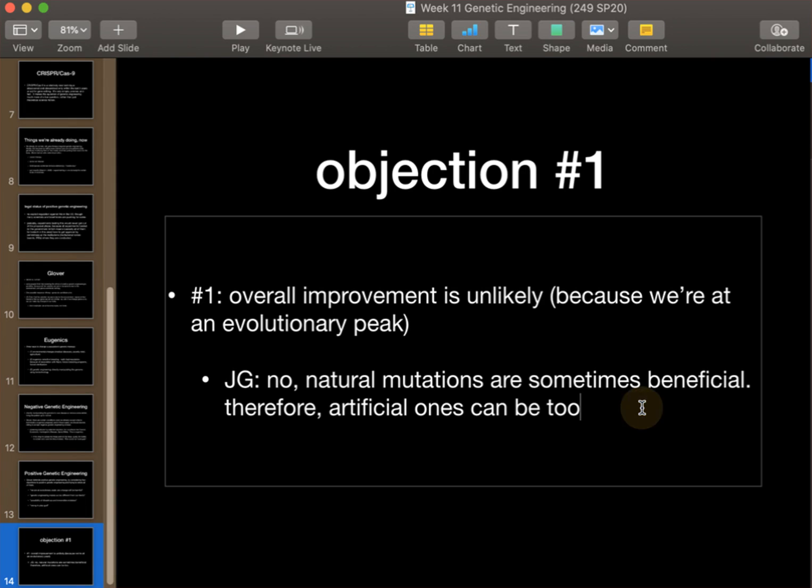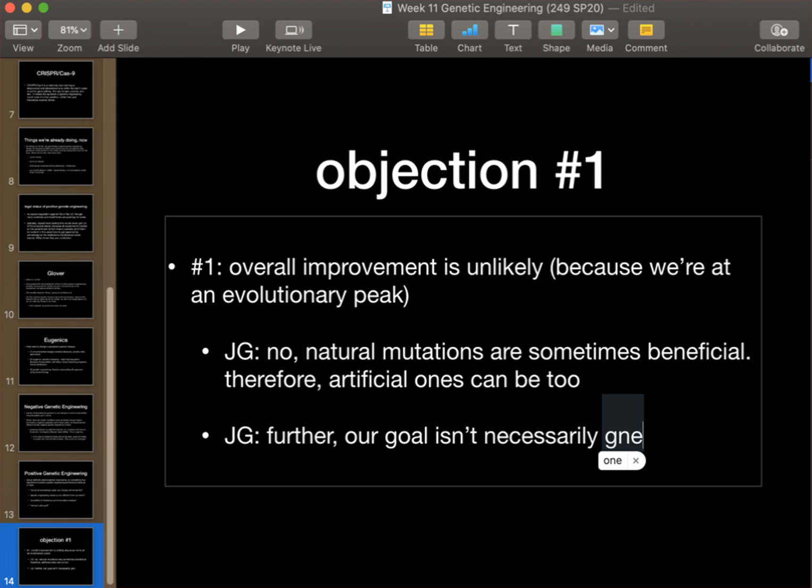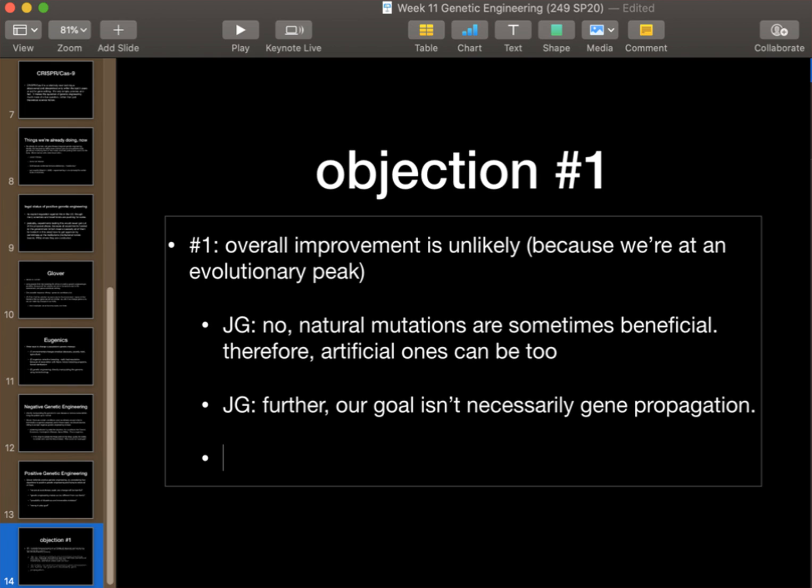He also says, further, our goal isn't necessarily gene propagation. Even if natural selection has made us perfectly efficient at passing on our genes, maybe that's not the only goal we should have.